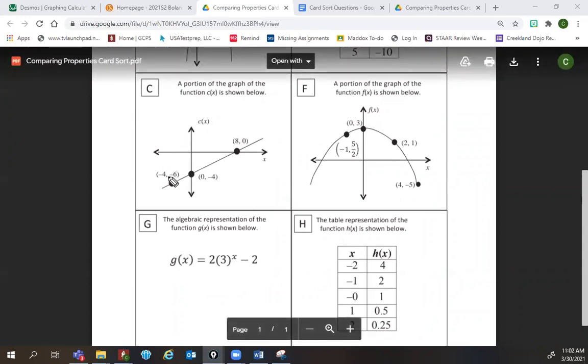Look, what's the average rate of change right here? I have no idea, so I'm going to do x1, y1, x2, y2. I'm just writing an equation so I can figure this stuff out. So -4 minus 6, and then this one is 0 minus -4.